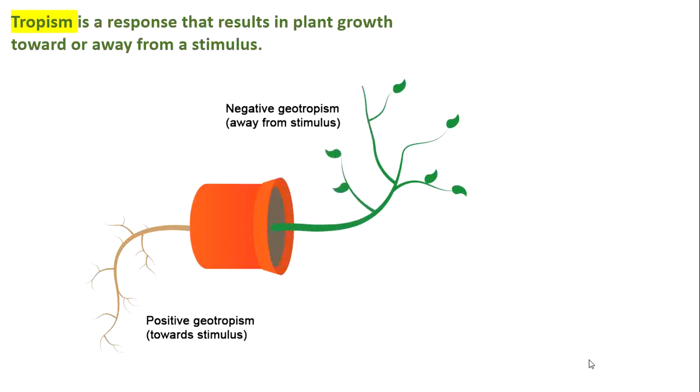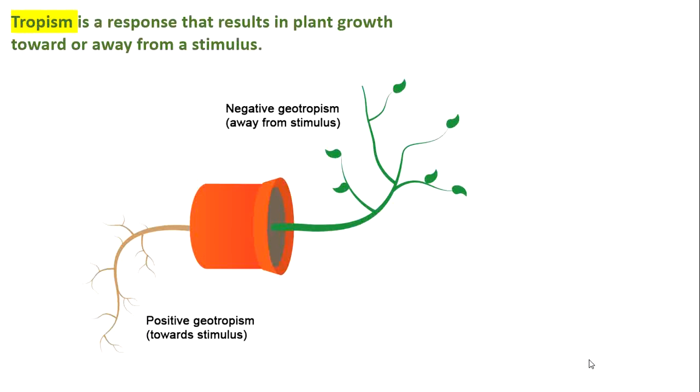Now, coming to growth responses such as tropism. Tropism is a response that results in plant growth towards or away from a stimulus, like the example that we just gave. Here there are two kinds of tropism.